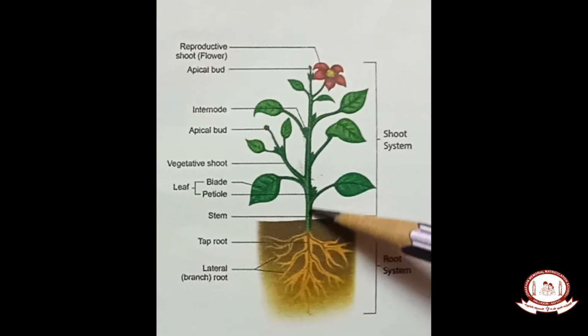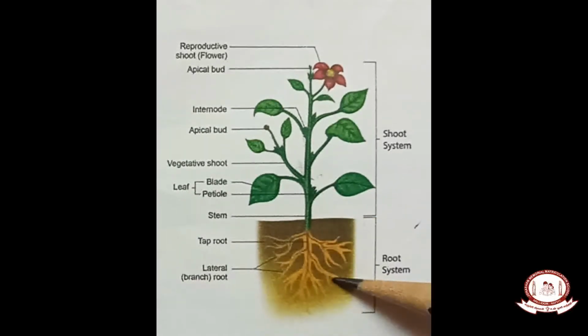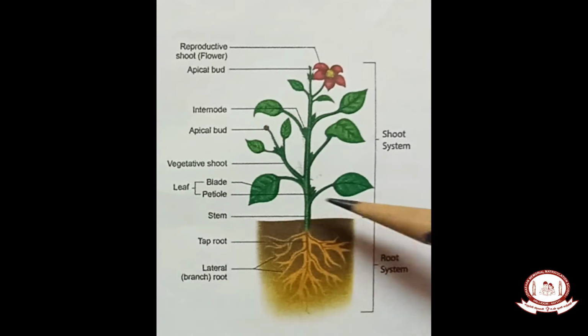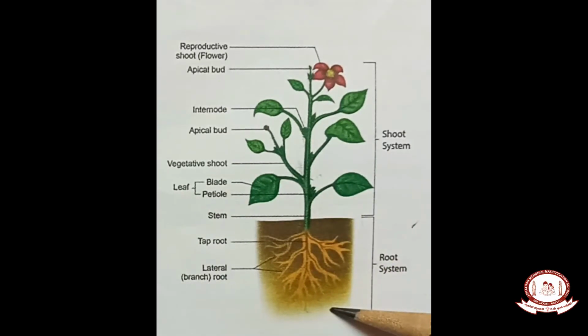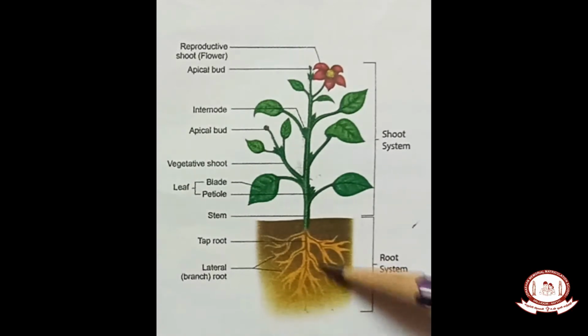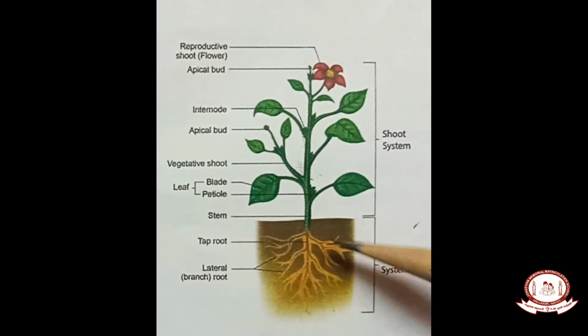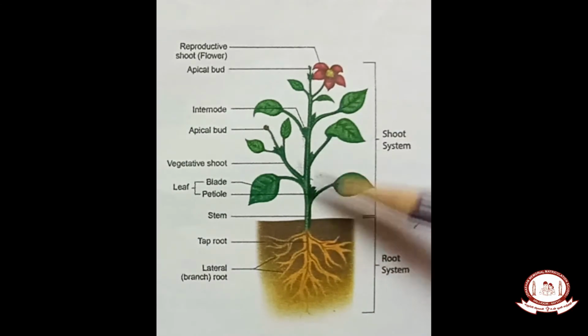Then the region which is seen below the ground is called root system. The root system is meant for absorbing water and minerals from the soil. The roots absorb water and minerals from the soil and supply it to the stem.